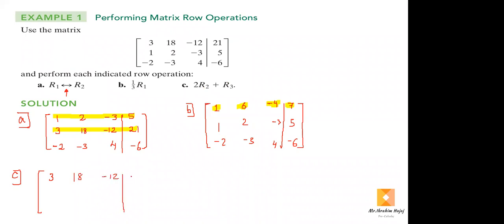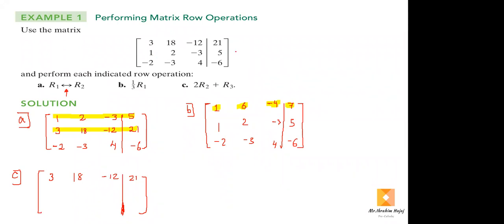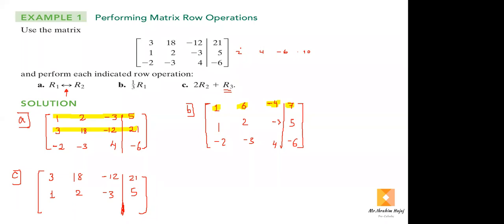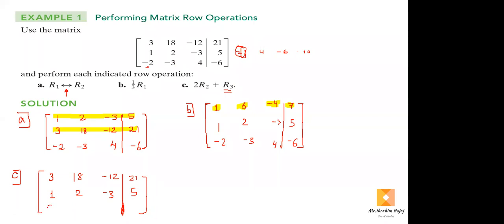12, 21. Row 2, we multiply it by 2, then add it to row 3. When you multiply the first entry by 2 it gives 2, and we add it to -2, which gives 0.